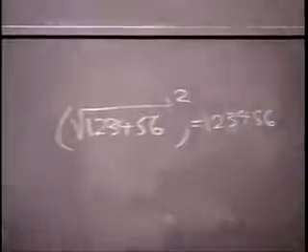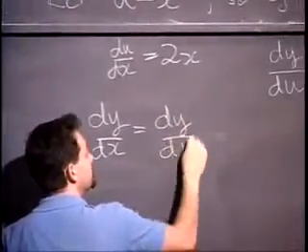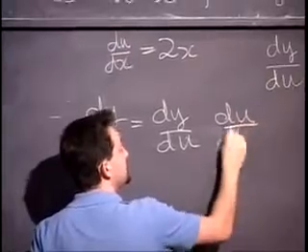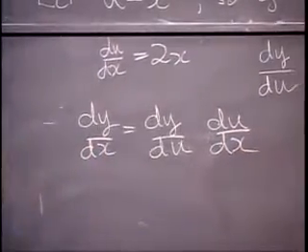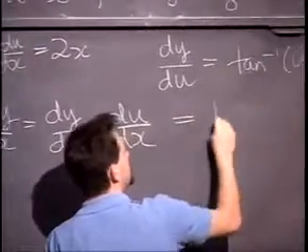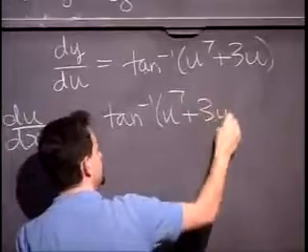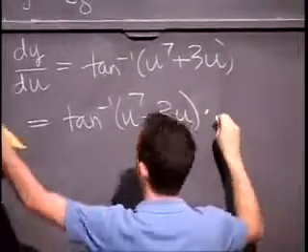dy dx, which is what we want, is dy du times du dx, that's just the old derivative chain rule. Forget the integrals, that's all it is. And we found both of these quantities. dy du is inverse tan u to the 7th plus 3u. And du dx is 2x.